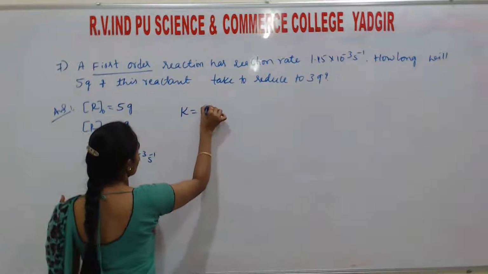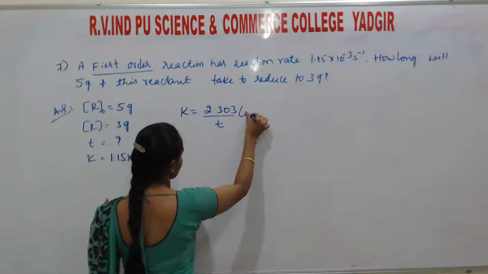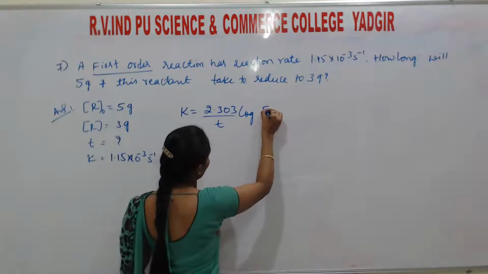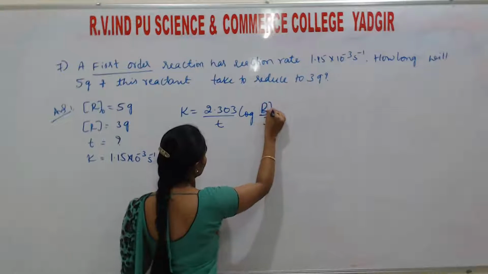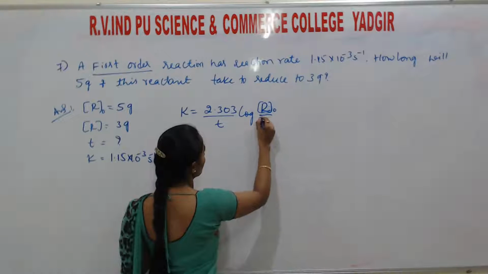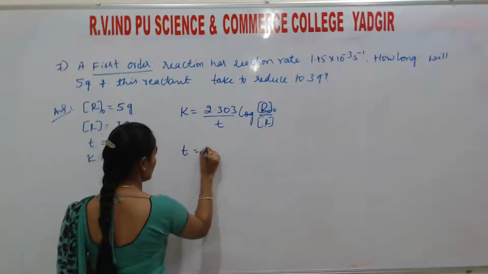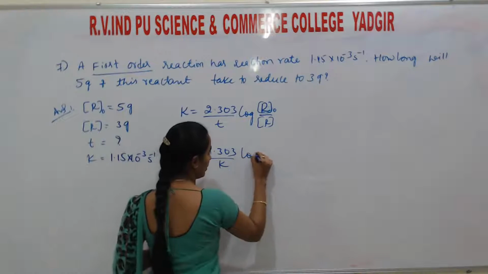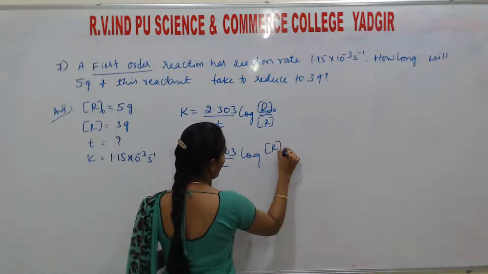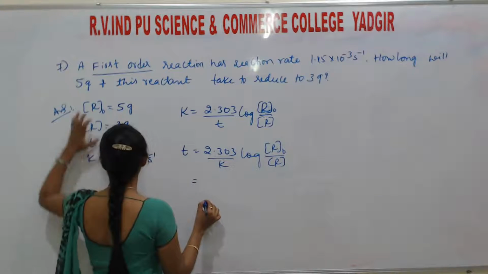Okay. So from this, as they mentioned, this is the first order reaction. The equation is K is equal to 2.303 by T log of R0 by R. We want T, so this becomes T equals 2.303 by K log of R0 by R. Okay, we have values here.